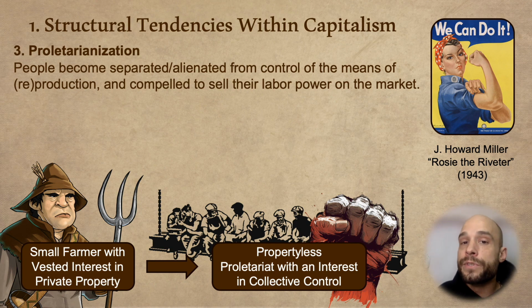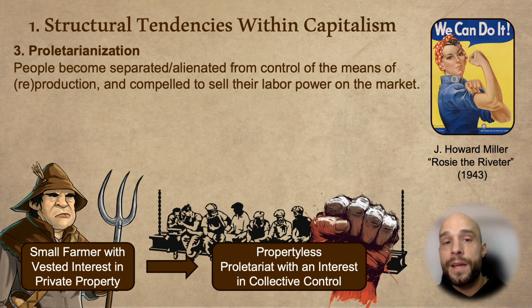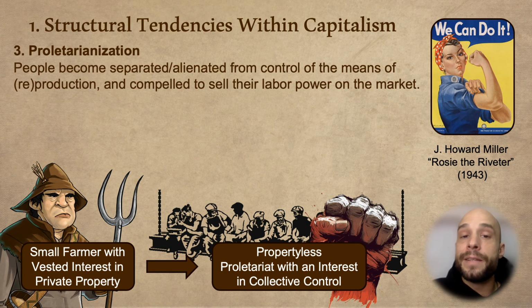But during World War II, American capitalism faced a severe labor shortage, and capital responded by drawing women directly into wage labor. This was not emancipation driven by equality, but a labor-driven strategic inclusion, captured by iconic wartime imagery like Rosie the Riveter here. Capital expands by pulling ever more people into wage labor.